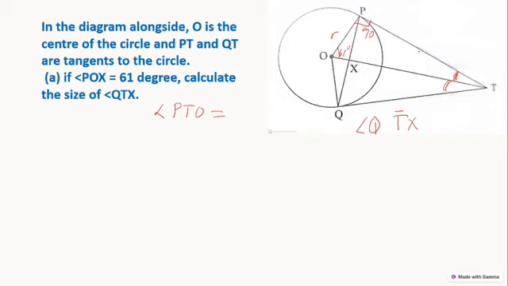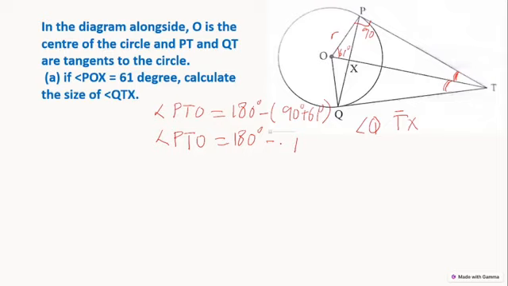The sum of angles in a triangle is 180. So you say 180 degrees minus the sum of 90 degrees plus 61 degrees. So this will give us 180 degrees minus 151 degrees. 0 plus 1 is 1, 9 plus 6 is 15, so this will be 151 degrees.